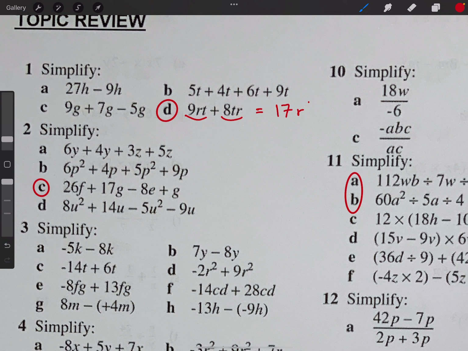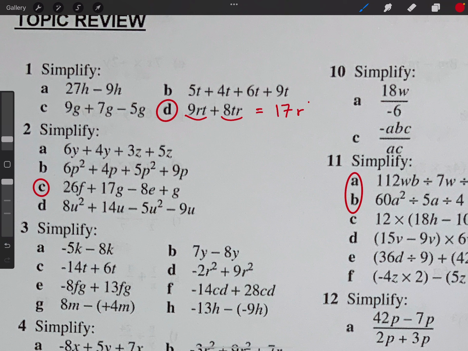Next one, question 2, C. Alright, these are adding and subtracting, so we're going to look at the like terms. So 26F, and there's no other F, so we leave F alone. So we have plus 17G plus 1G.